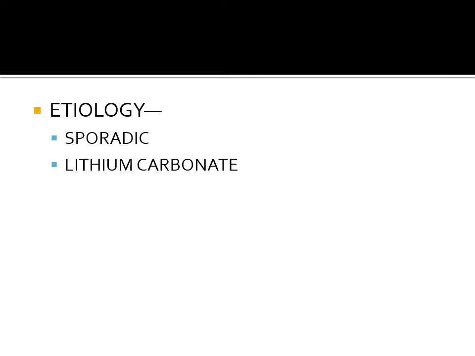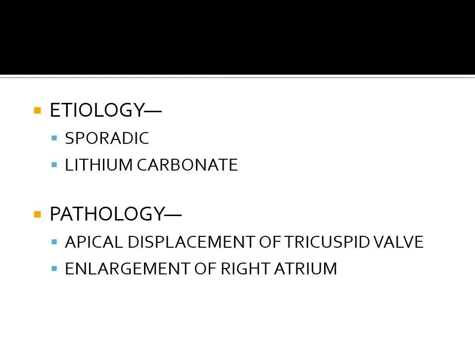However, few cases have been documented with maternal lithium carbonate intake, which is a mood stabilizer. In this condition, there is apical displacement of the septal leaflet of the tricuspid valve, due to which there is enlargement of the right atrium and diminished size of the right ventricle. So there is right-sided cardiomegaly.